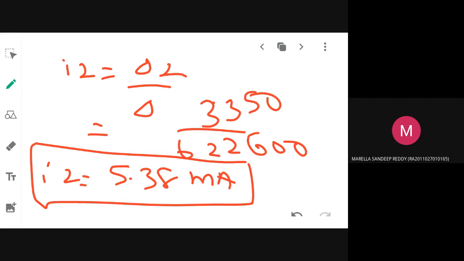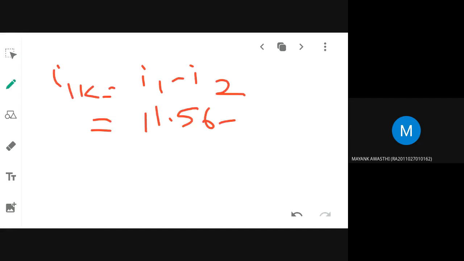One more. This is the current through 220; the previous one was the current through 330. What about I3, the current through 1K? It is I1 minus I2, so 11.56 minus 5.38, which is 6.18. This answer is also matching.